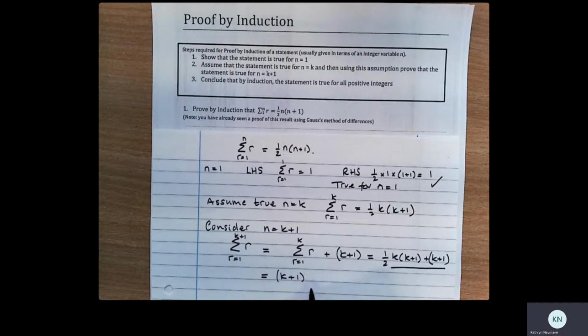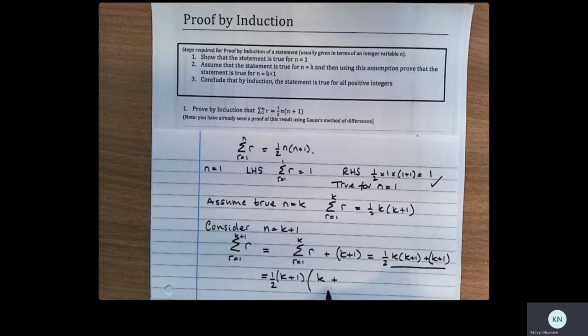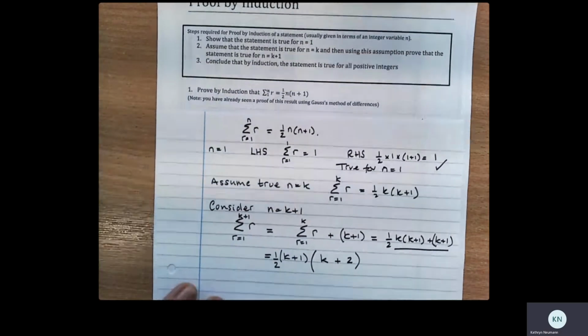I'm going to take the half out as well. So what am I left with inside the bracket? I'm left with k plus, now because I took the half out, I need to put 2 there. Because if I'd taken out k plus 1, I'd be left with 1. And then if I take out a half, I'm left with 2.